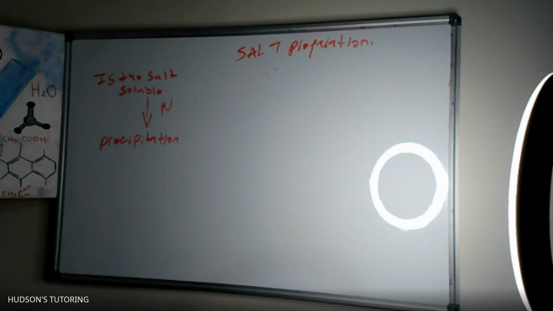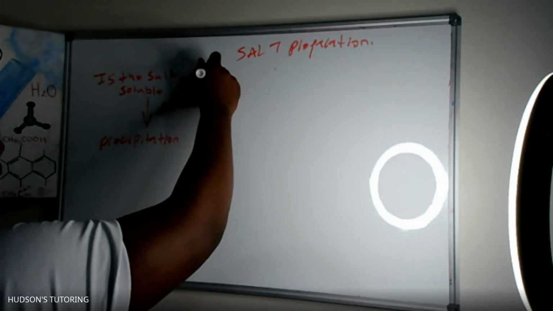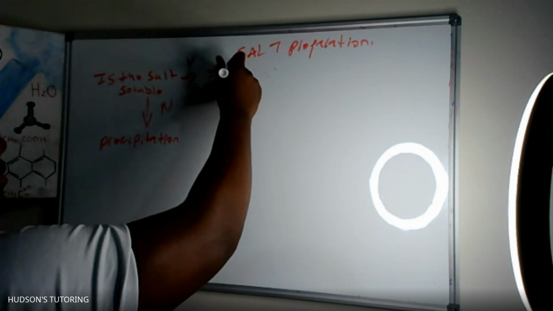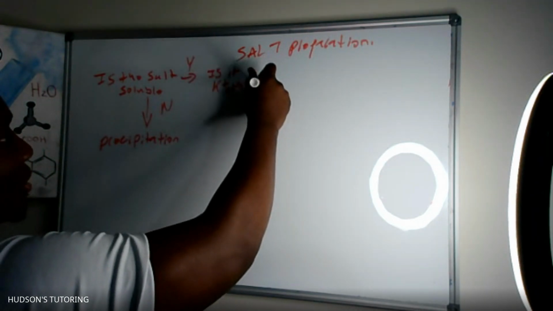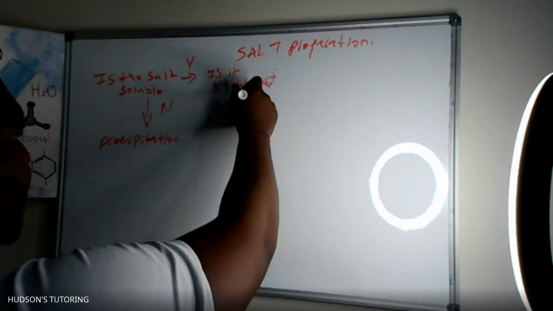Now, if it is soluble, we then ask the question, is it a sodium, potassium, or ammonium salt? If it is, then we have to prepare it by titration.